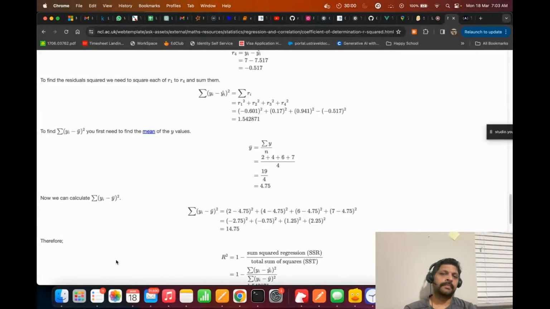Then 1 minus sum of square residuals by sum of squares of actuals minus the mean of actuals, and that's what he's supposed to write.